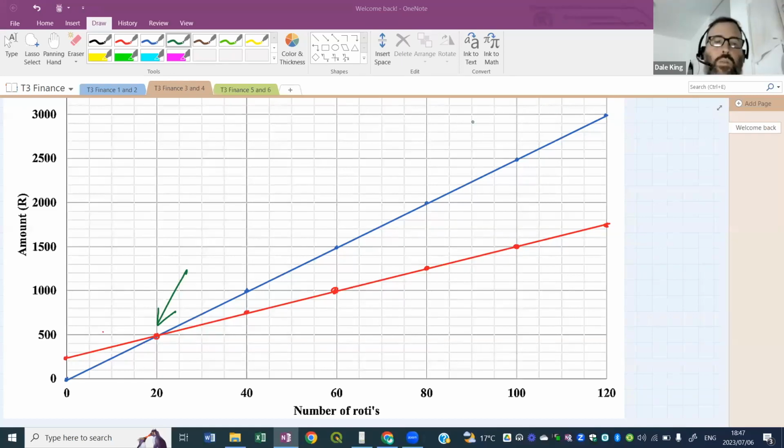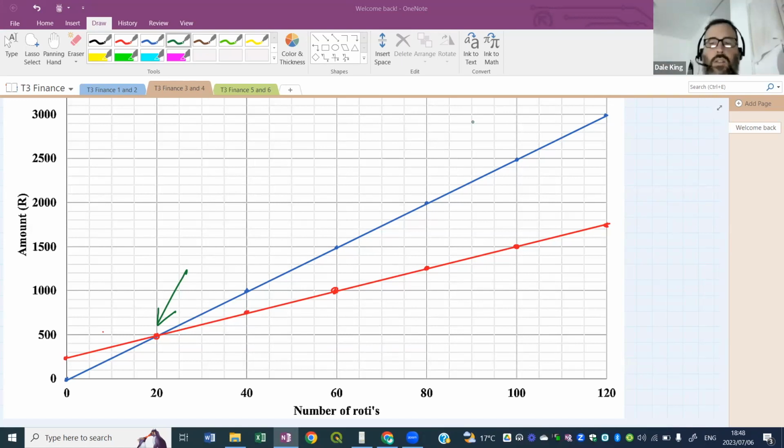And as a business person, you want to know where this is. Because as a person who's selling items, if you know how many items you need to sell before you start making profit, then you know that you've got to make as many items above that number to really make profit in your business. So it looks like here that the break-even point for Hein's business is 20 rotis.